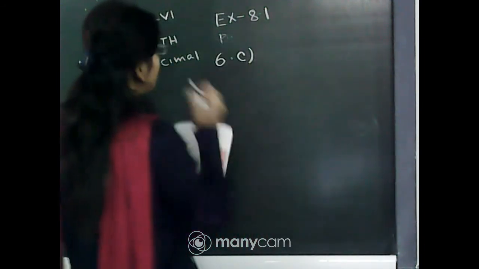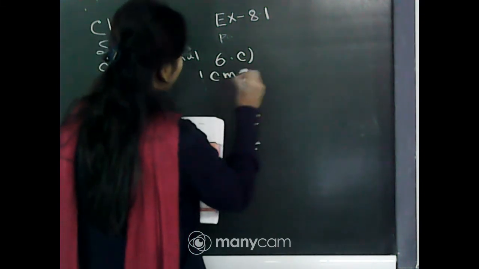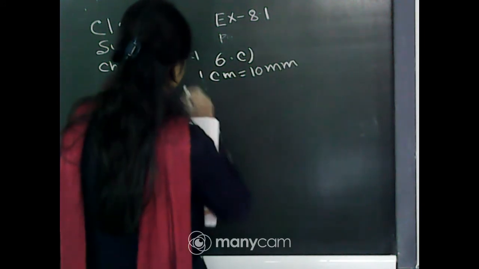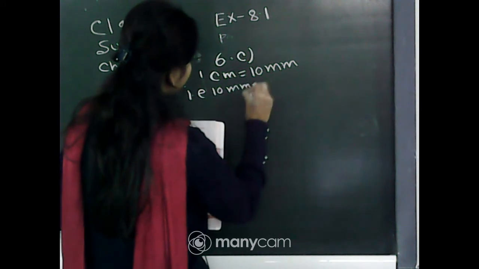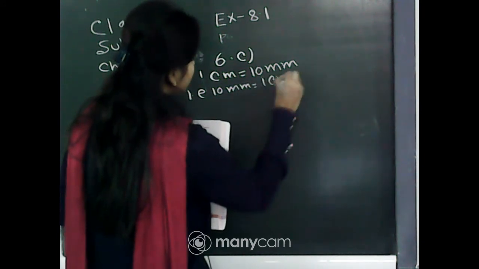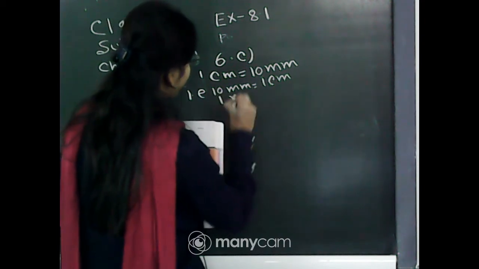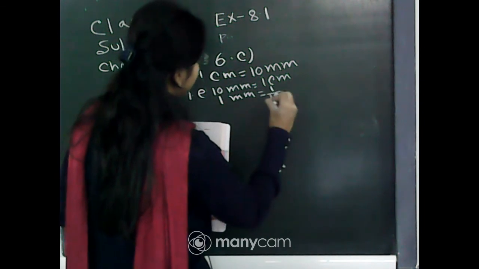We all know that 1 cm is equal to 10 mm. That is, 10 millimeter is equal to 1 centimeter. Now, we apply the unitary method. Therefore, 1 millimeter is equal to 1 divided by 10 cm.